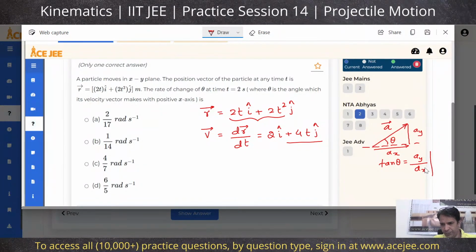Yes, Chavi? This part is okay, no, beta? Yes, sir. So let's find out the angle that the velocity vector makes with the x-axis using the same approach. So tan theta is vy by vx, which is 2t. So this is to find theta, right? This is to find theta, yes.